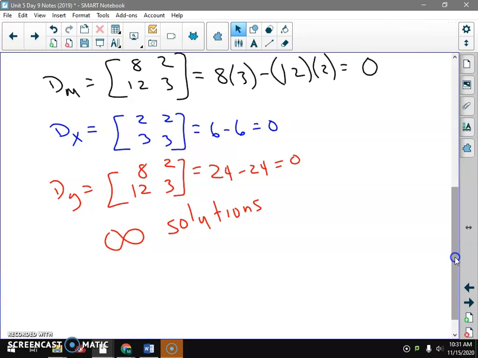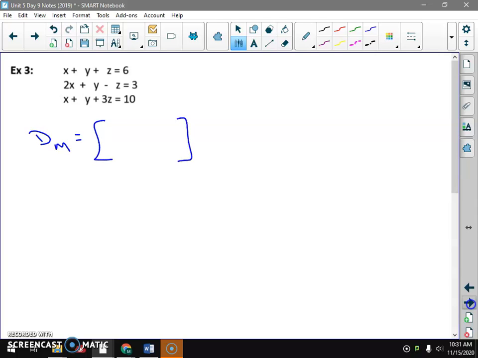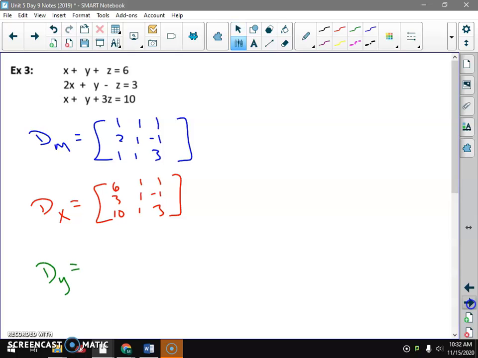Let's try a big one. Let's use Cramer's rule on a 3x3. What does that mean? We're going to create 4 matrices. A main, and then an x, kick out the x's, replace with answers, a y, kick out the y's, replace with answers, and a z.